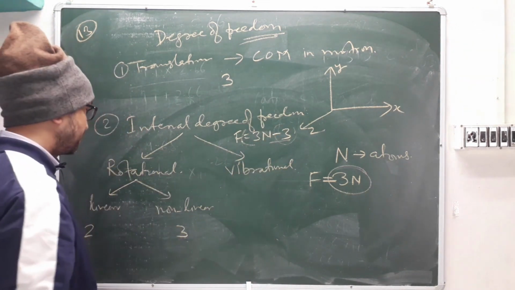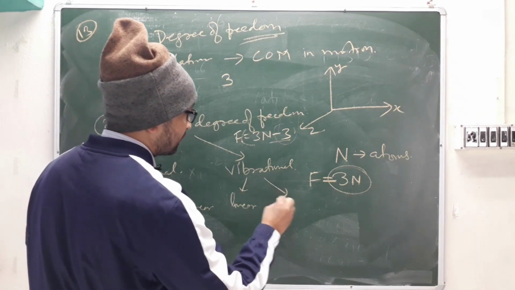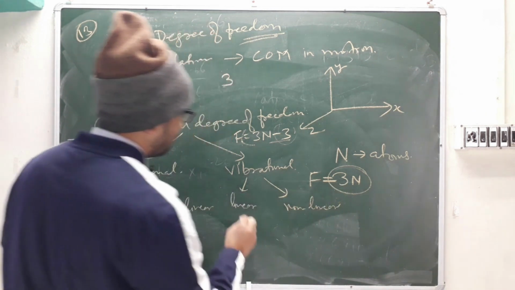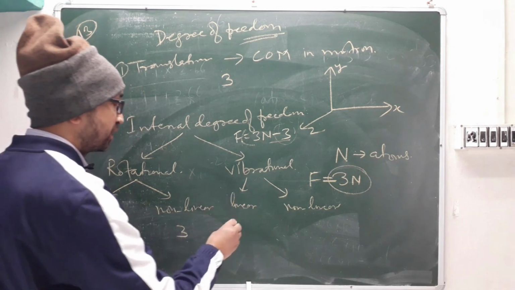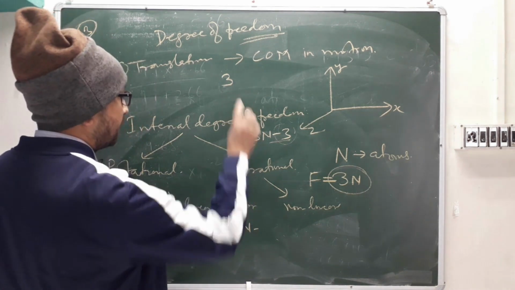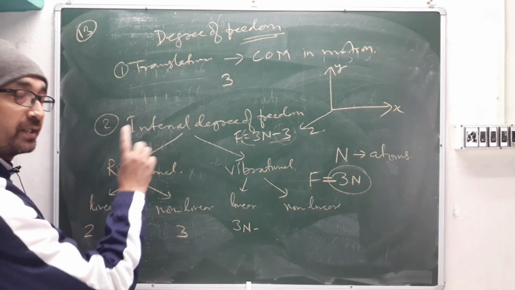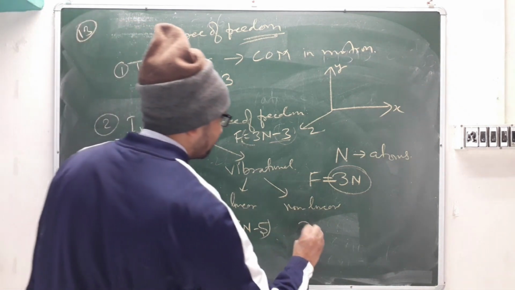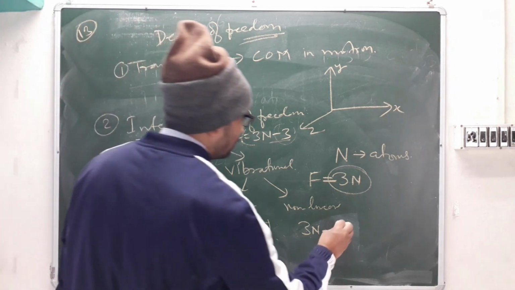Now for vibrational, you can subdivide into linear and non-linear. For a linear molecule, the number of vibrational degrees of freedom will be 3n minus 3 minus 2, which is 3n minus 5. And for non-linear, it will be 3n minus 3 minus 3, together 6, so 3n minus 6.